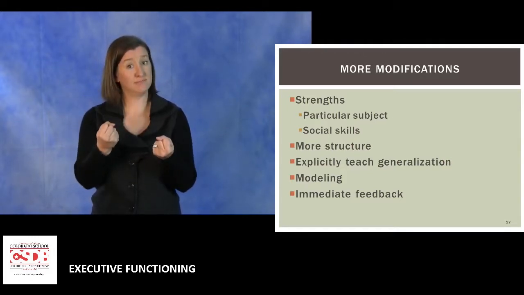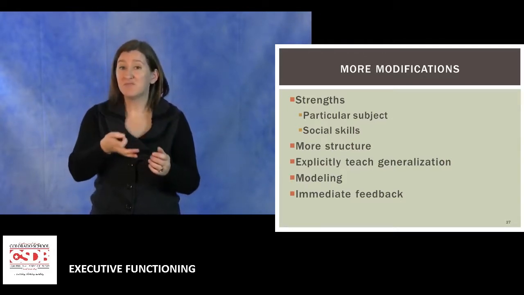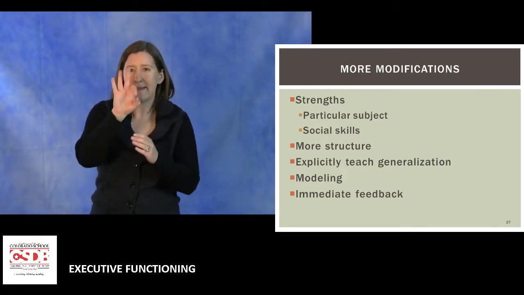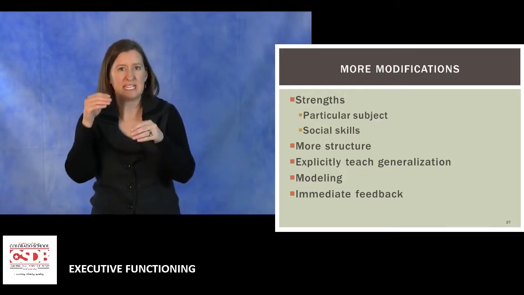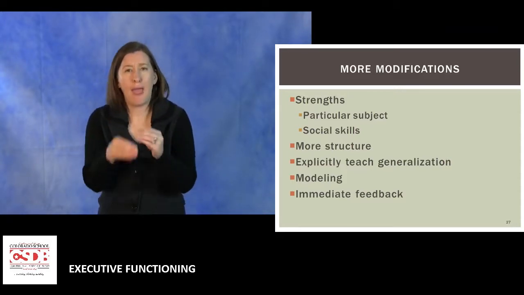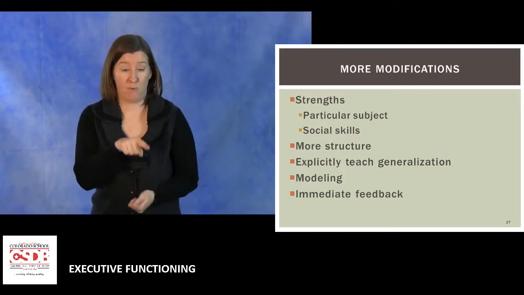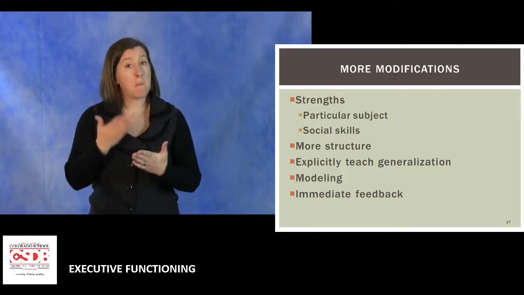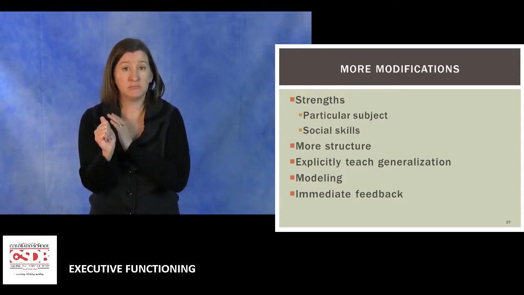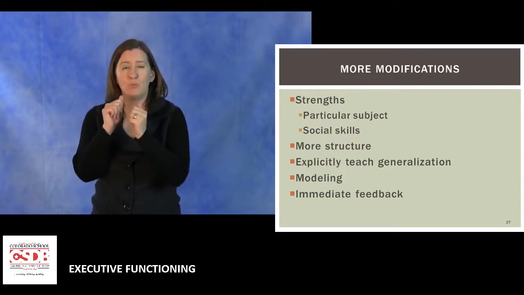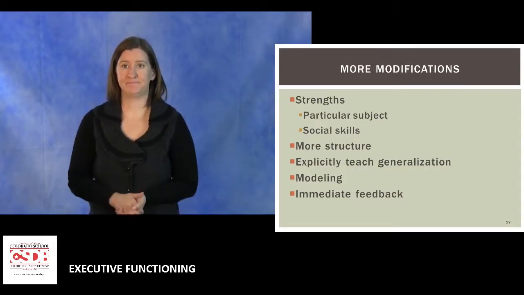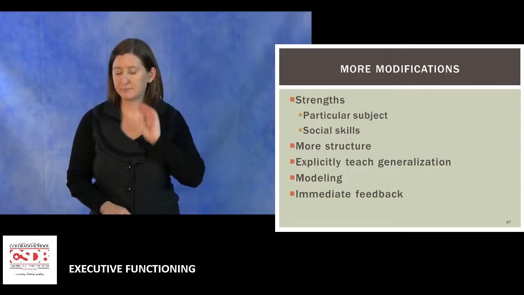Also, you have to look at what their strengths are. Maybe they're really good at math, and you can use some of those EF activities with math, since they're already good at that subject. That will add a little bit of a challenge for them. Maybe they have really good social skills, and you can do an EF activity with socialization.